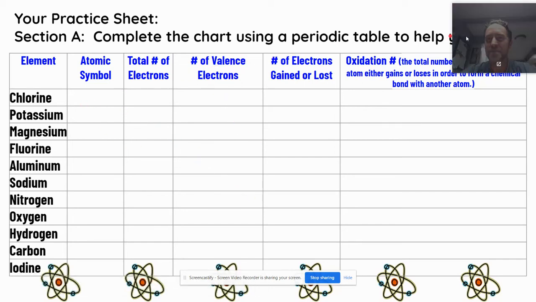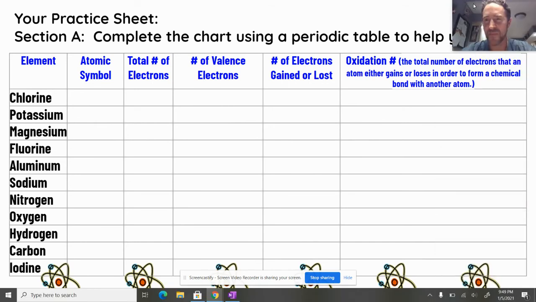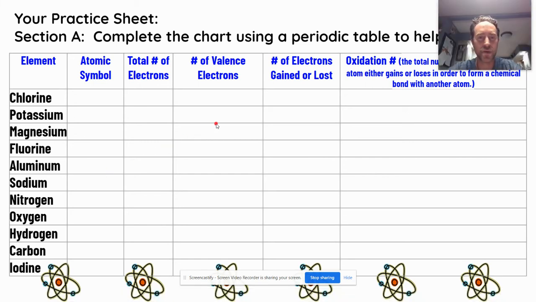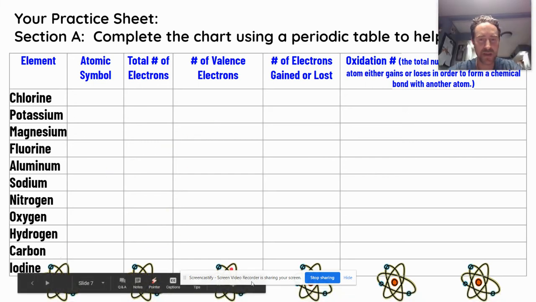Okay. This is your mission for today. We'll move on tomorrow from this, but this is a practice sheet. I will have this as an assignment, but let me go ahead and show you what it's going to look like.